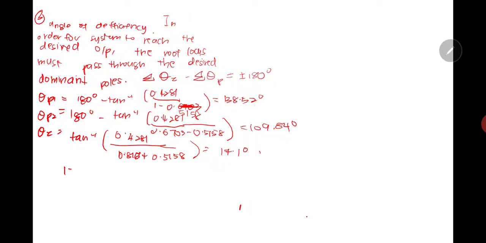So we calculate 17.1 minus 138.52 minus 109.84, which is equal to negative 231.26 degrees.